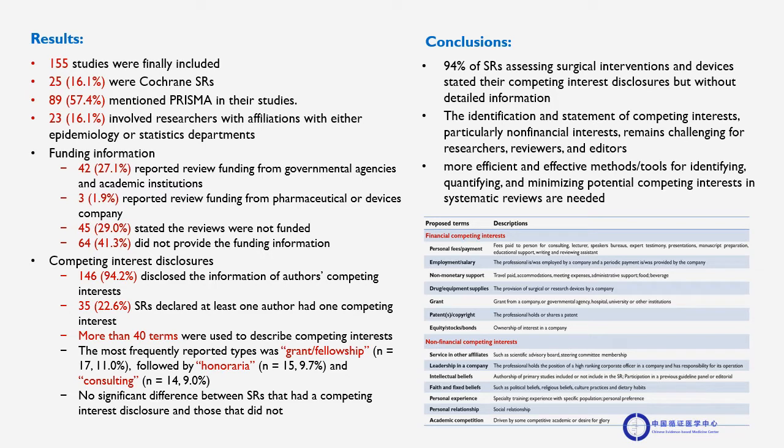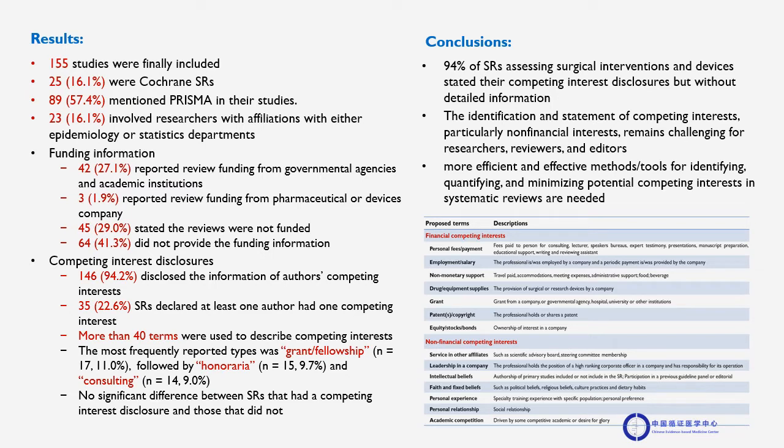More than 40 terms were used to describe conflict of interest, and we categorized them into 12 terms that were the most common descriptions of conflict of interest, including grants, fellowship, consulting, employment, patent, etc. We list these terms in the table on the right of this slide.